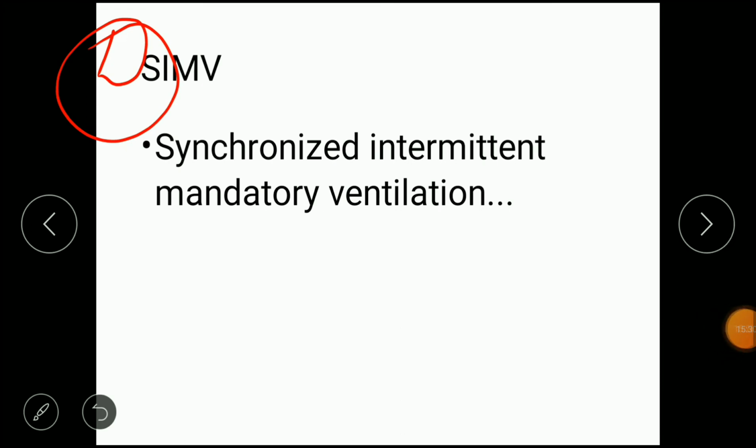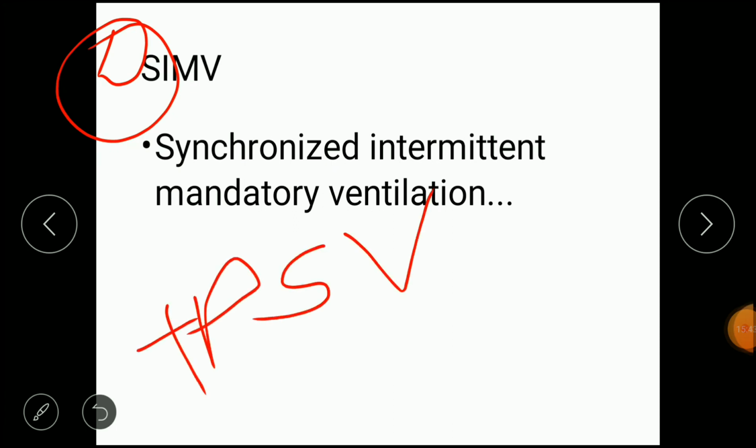All together, it is intermittent mandatory ventilation with controlled ventilation. Generally this mode is very helpful and it is sometimes used as replacement support ventilation. SIMV plus CSV is known as a combination of modes.